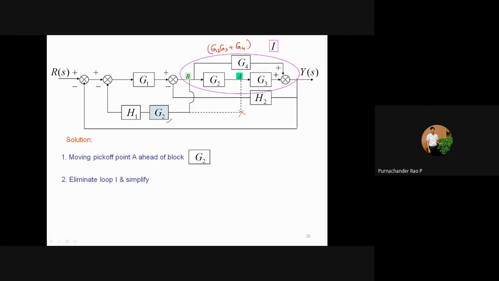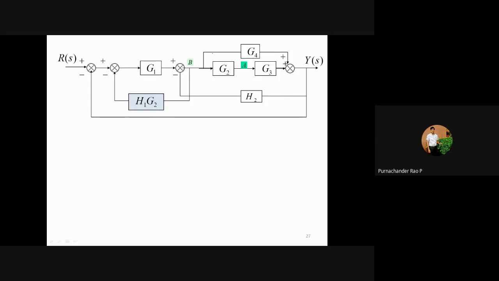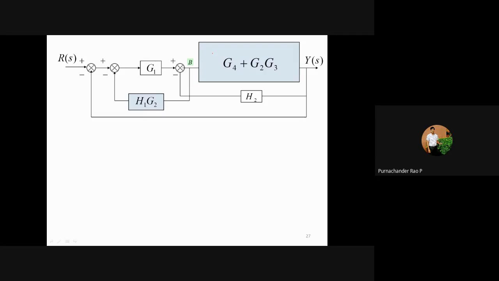This is the resultant value. So you can eliminate that as G4 plus G2, G3. Okay, so that block will be eliminated as G4 plus G2, G3.